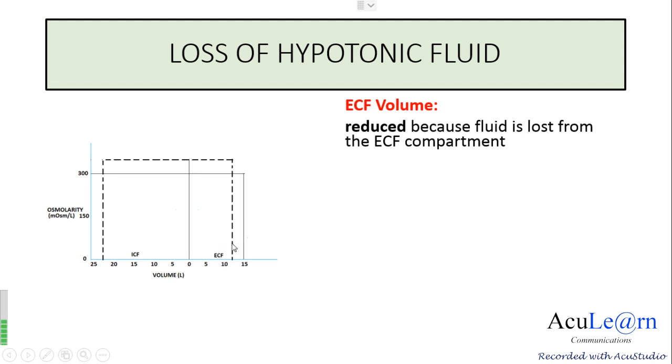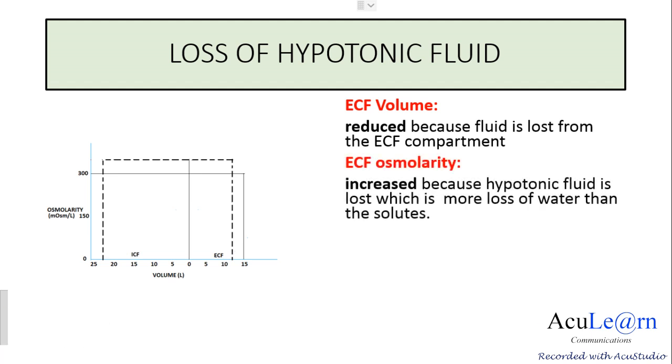Now, what happens to the ECF osmolarity is it is going to be increased. When you lose hypotonic fluid, you lose more water than solutes. So more solutes remain in the ECF compartment, which will increase the ECF osmolarity.